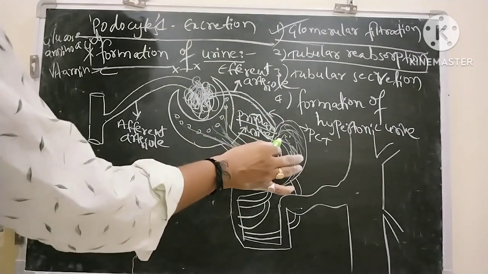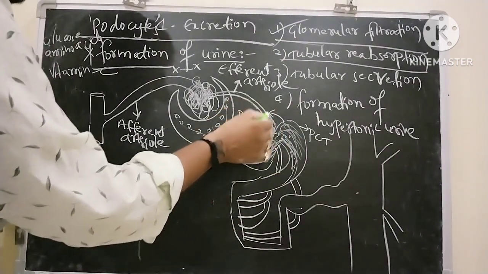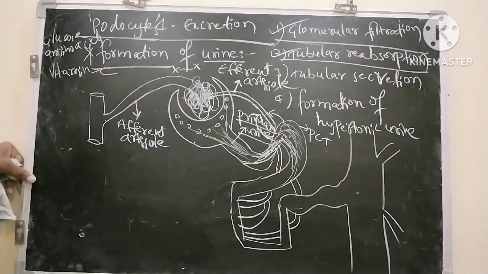So whatever the useful substances are there in primary urine, those are reabsorbed by peritubular network. This is called tubular reabsorption.